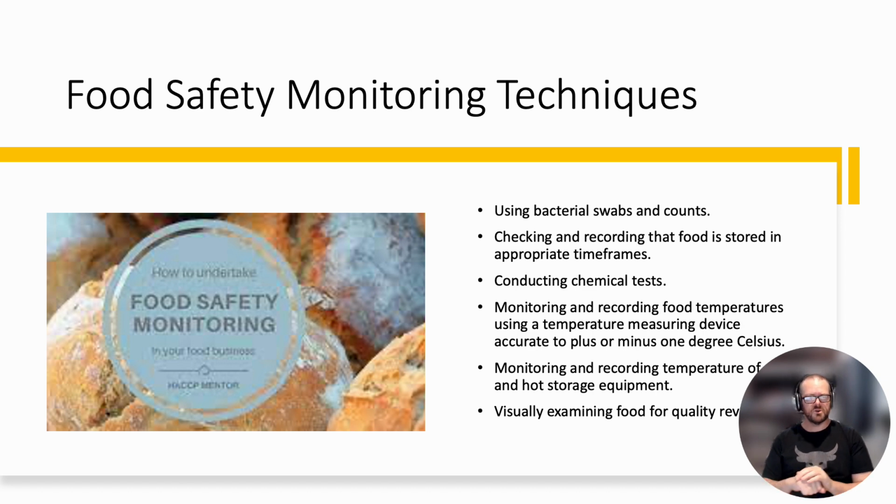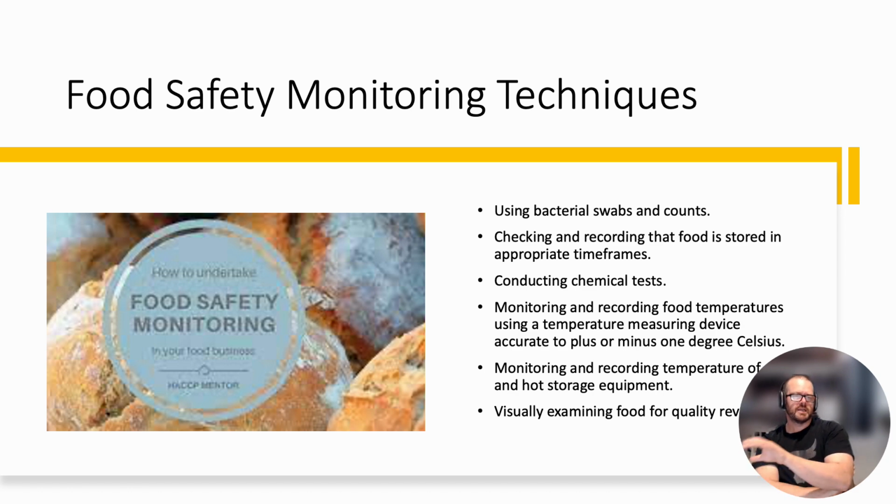Let's talk about food safety monitoring techniques. Let's go back to that last slide. It talks about fundamentally temperature checks, using a probe thermometer. Bacterial swabs and counts are also a monitoring process. Some businesses do this, especially within a HACCP environment. They will take a bacterial swab of food and send it off to be tested or keep them logged for certain days and time periods.